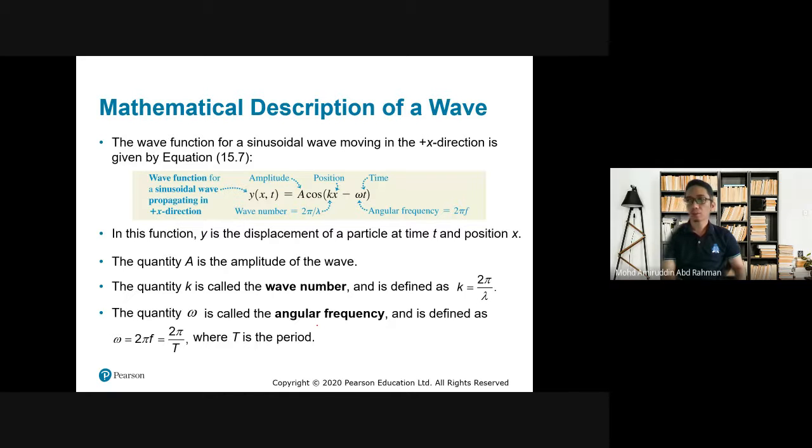The wave number is 2 pi over lambda. x is the position of the wave at the time we are measuring, omega is the angular frequency, t is the time, and y is the wave function.